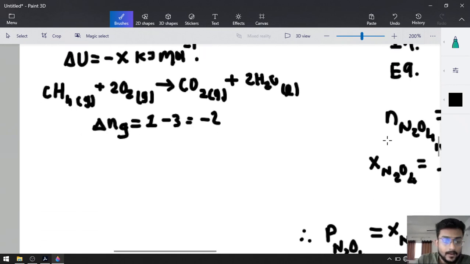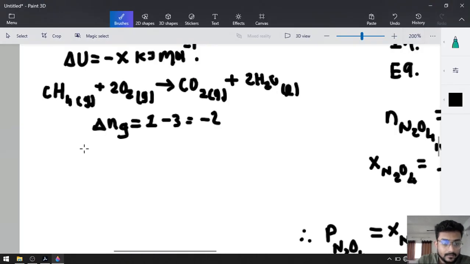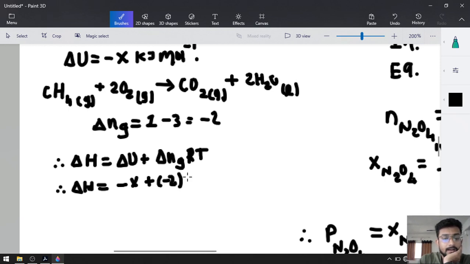Now, what is the question over here? The value of delta H. We have the formula for that. Delta H will be equal to delta U plus delta Ng RT, right? Therefore, delta H will be equal to delta U value, minus x, plus minus 2 RT.